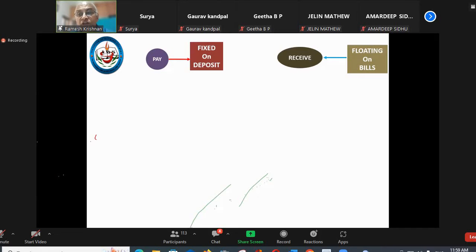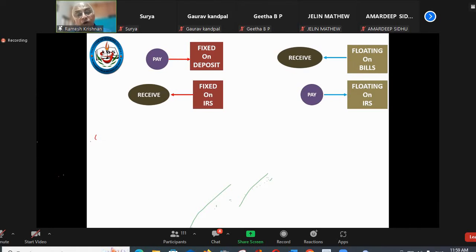So tomorrow, if the benchmark, LIBOR equivalent, SOFR, comes down, the new bills you will be discounting will come at lower rates and your NIM will get affected. We looked at this as basis risk earlier in one of the slides. So here also you have a basis risk problem because the FD deposit is on one rate and one tenor, whereas your bill discounting is happening on a different tenor and a different rate.